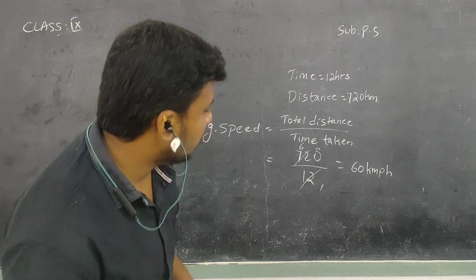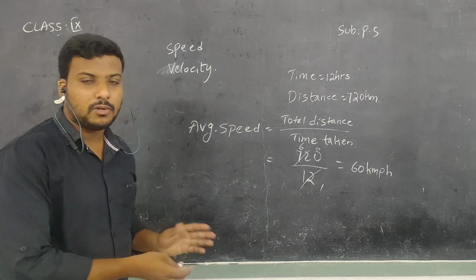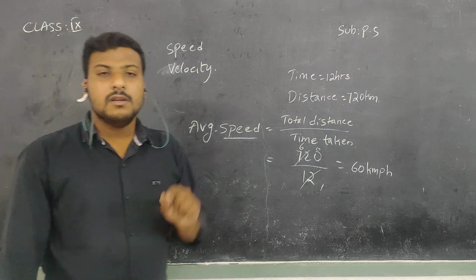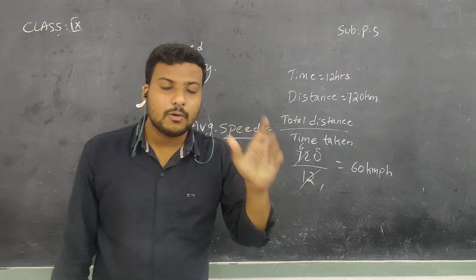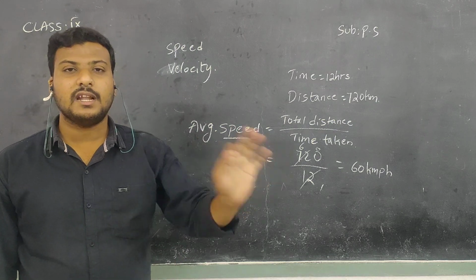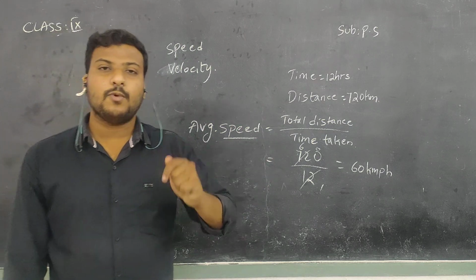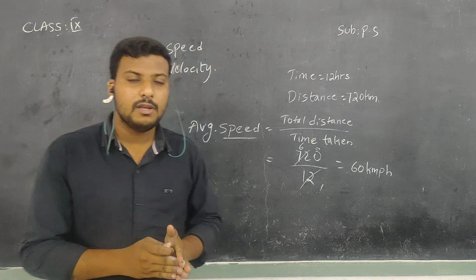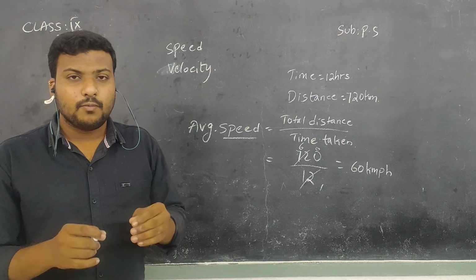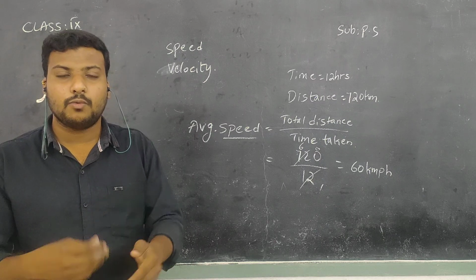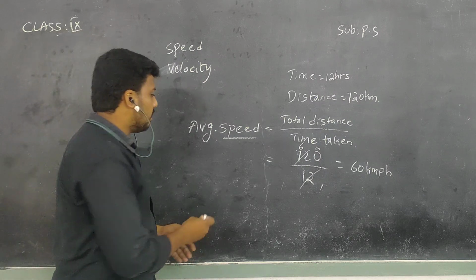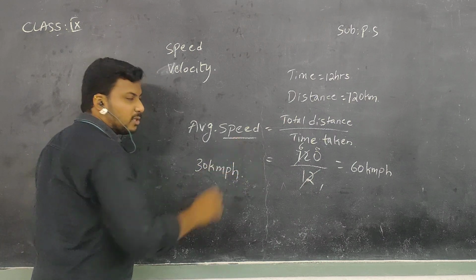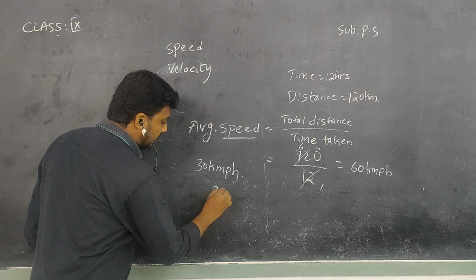Okay, children. What is speed? Sir, you are saying this entire concept. Then we need to know that speed. What is speed? Speed is just a scalar quantity. I said that scalar quantity means it requires only magnitude but not direction. If I say at what speed you are going on a bike, you may say 30 kilometers per hour, or 30 meters per second.